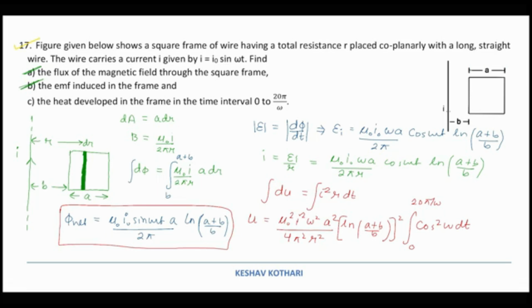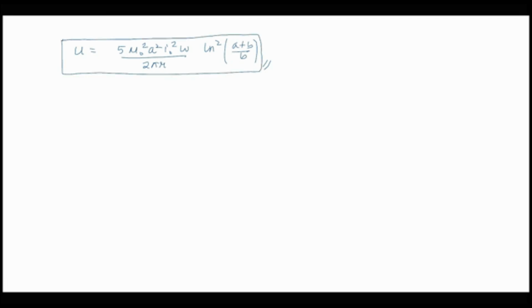On solving this equation, the value of heat energy developed in this circuit is 5 times mu naught square a square I naught square omega upon 2 pi r, ln square a plus b by b. So this is the expression which we attain on integrating cos square omega t from 0 to 20 pi by omega.